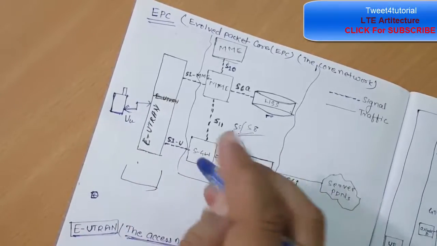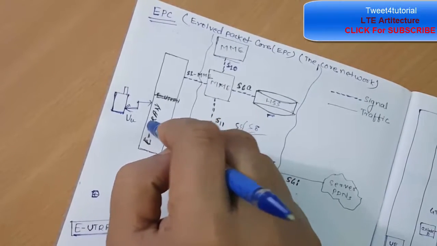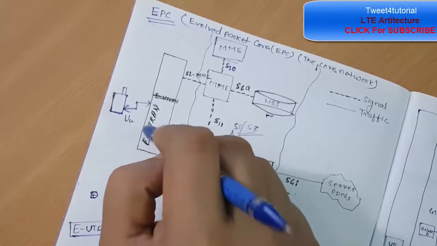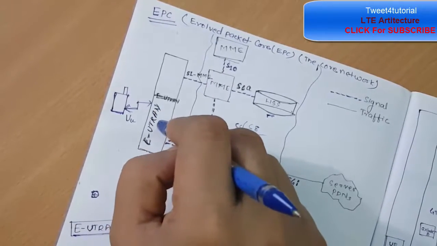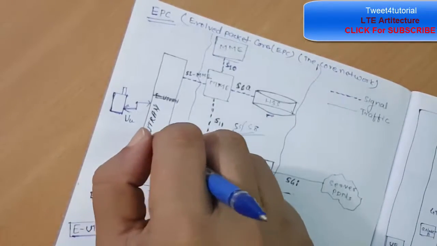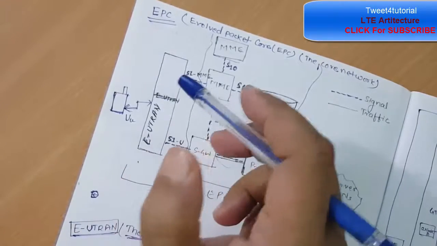RB control, it controls the RB information, mobility control related information, radio admission control related information, measurement configuration and provision related information is handled in E-UTRAN, and dynamic resource allocation is also scheduled in E-UTRAN. So this is the part of E-UTRAN.